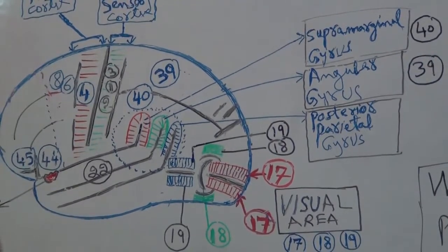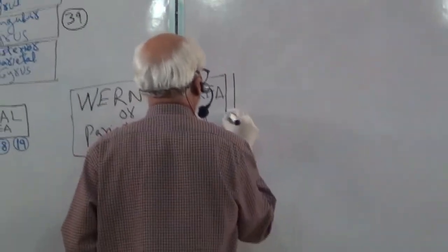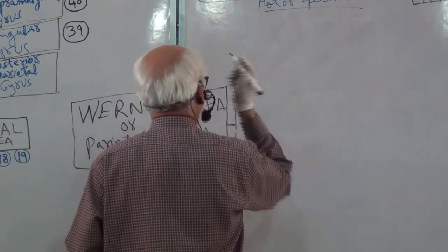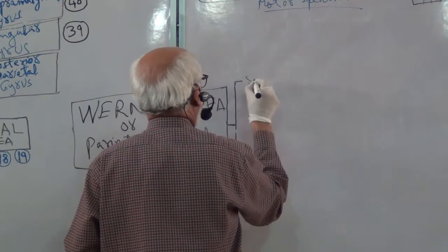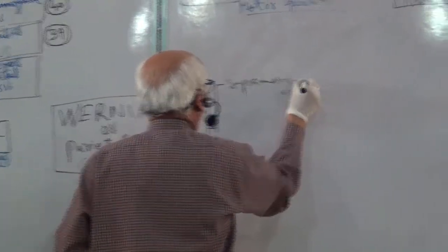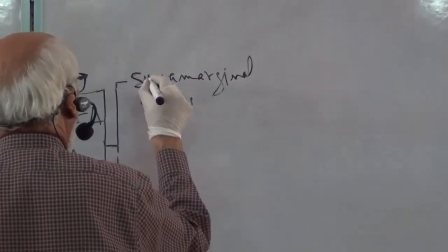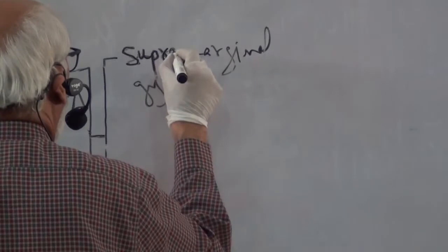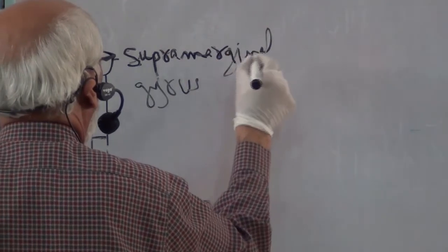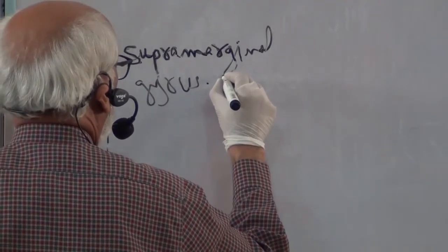It includes which ones? It includes the supramarginal gyrus, area number 40.